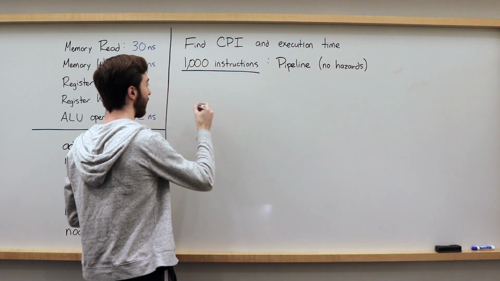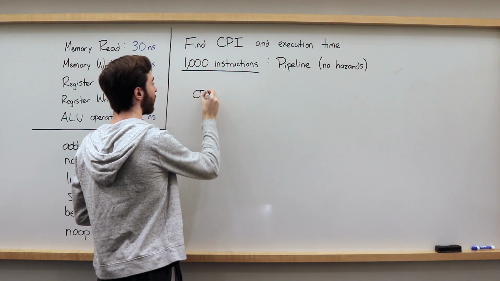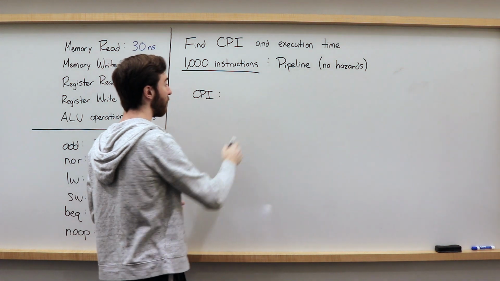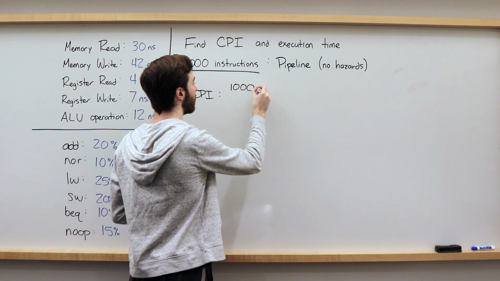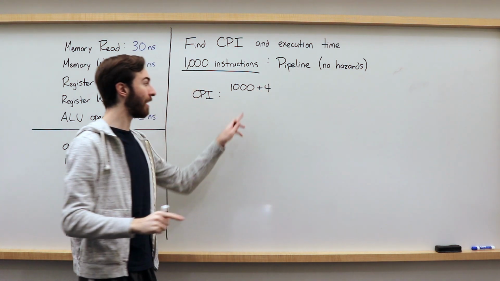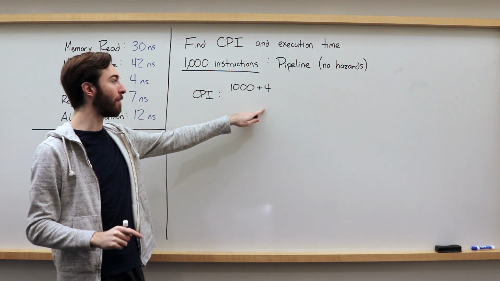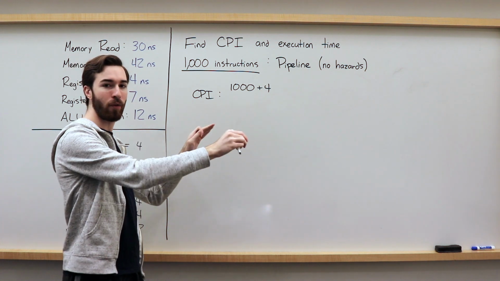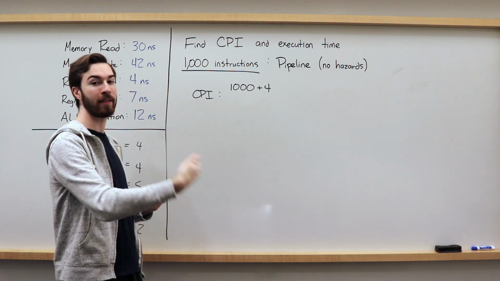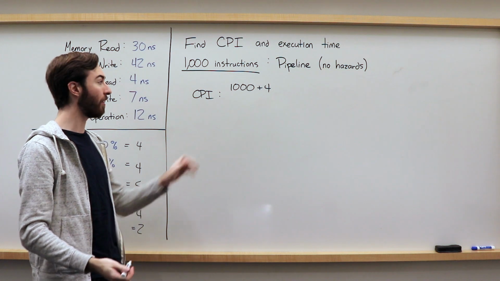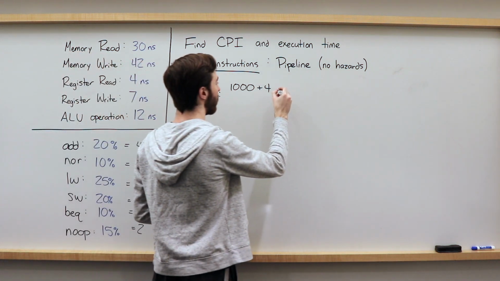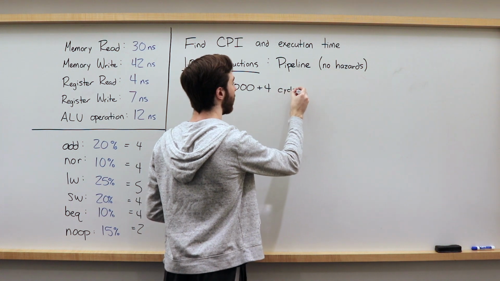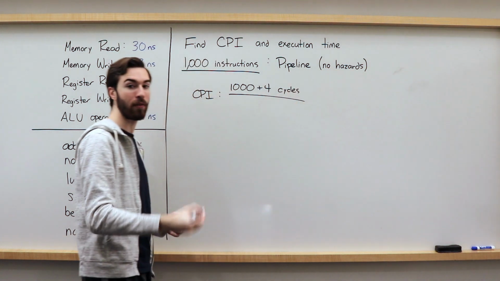So the total CPI is the number of cycles divided by the number of instructions. The number of cycles is just the number of instructions plus 4, because we have 5 stages in our pipeline. So we'll be inserting 4 instructions into the pipeline before they start completing. And after that, they'll start completing at a rate of 1 instruction every cycle. So it takes 1,004 cycles to get all of our instructions through the pipeline.